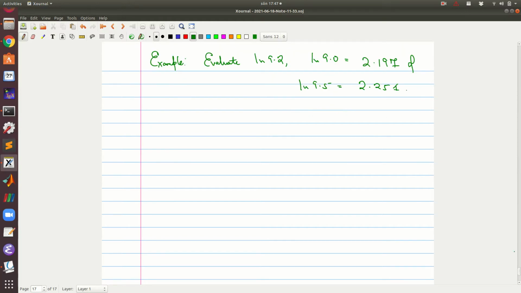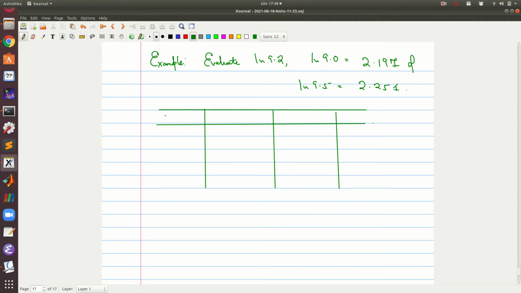Now I would like to start by drawing a table, though it may not be necessary. You can do this without the table. However, in the next video we shall be talking about quadratic interpolation, where we will definitely need a table of similar sort, so I will just use a simple table for this one here.